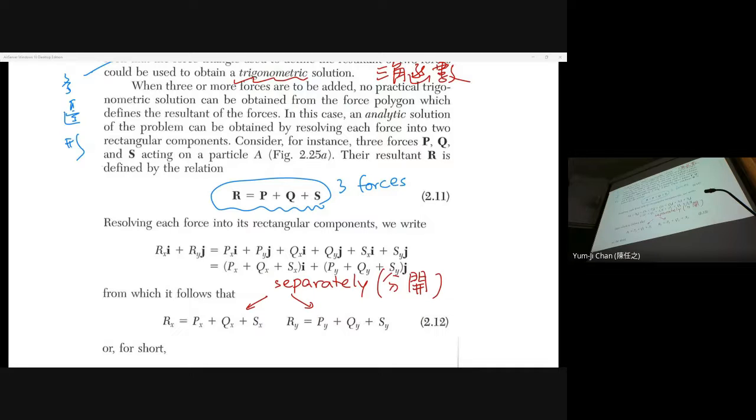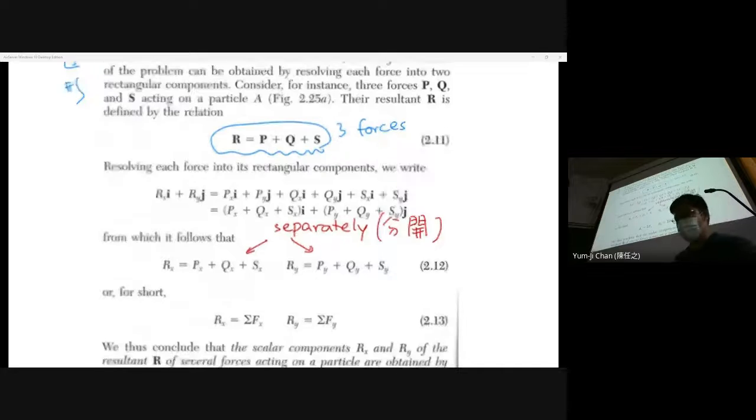We add the x components and the y components separately.